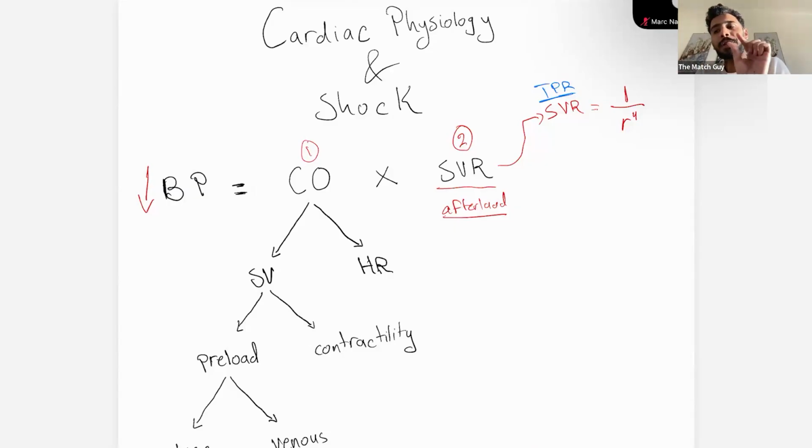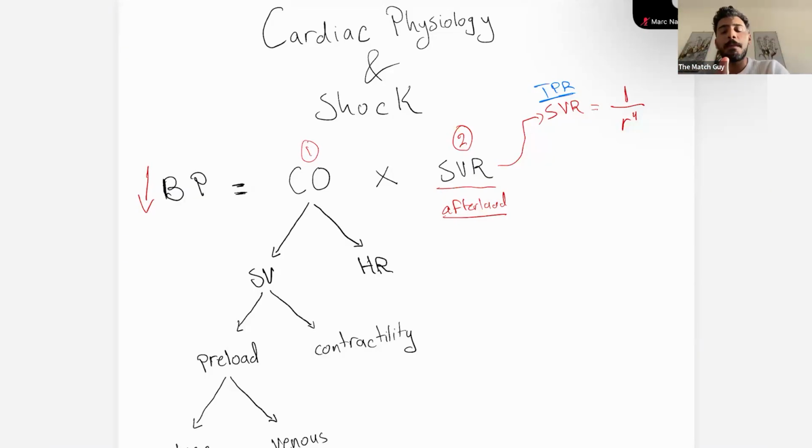So any slight change in the diameter, like if the diameter doubles, then the systemic vascular resistance is going to fall 2 times 2 times 2 times 2, 16 times. Also, if the diameter narrows by half, then the systemic vascular resistance should shoot up, or increase 16-fold, or 16 times. And the relationship between them is inverse, and that's what mainly determines the systemic vascular resistance.